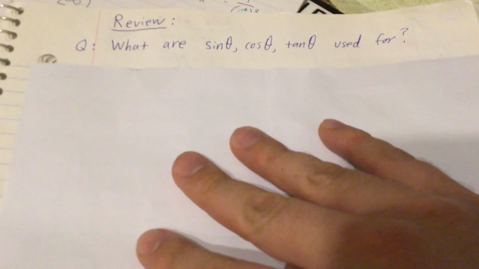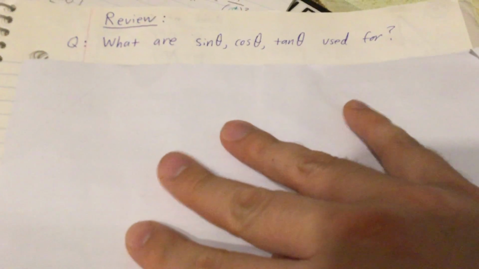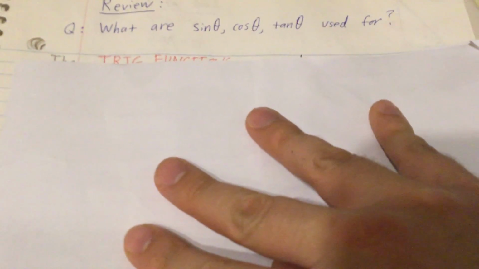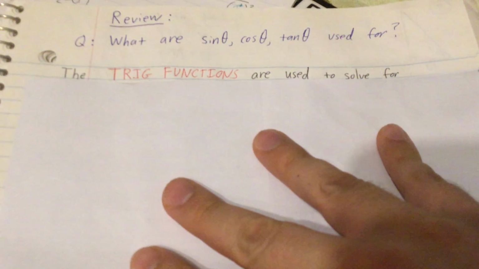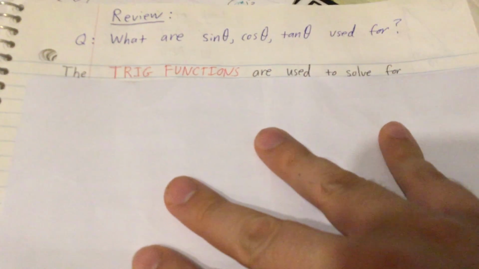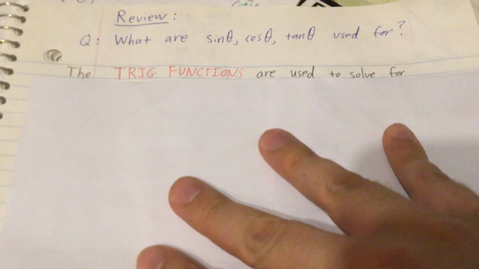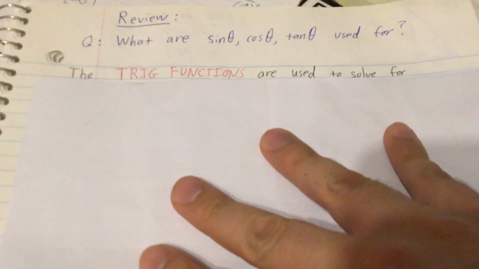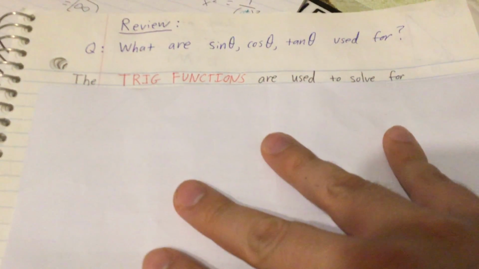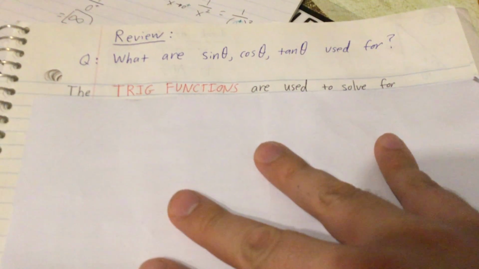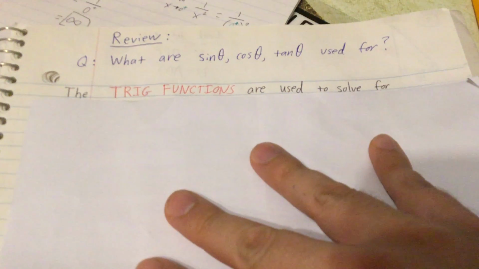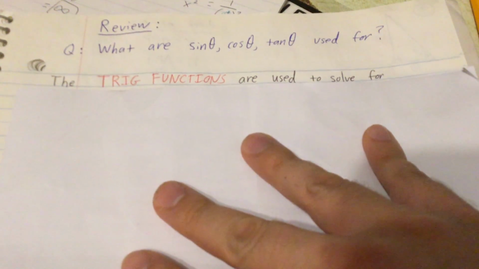Just to review, what are sine, cosine, and tangent used for? These are what are called trig functions. In this class, sine, cosine, and tangent are typically used for right triangles, although at higher levels of geometry you do interact with acute and obtuse triangles where you also use them.